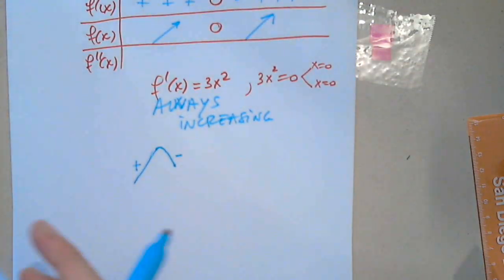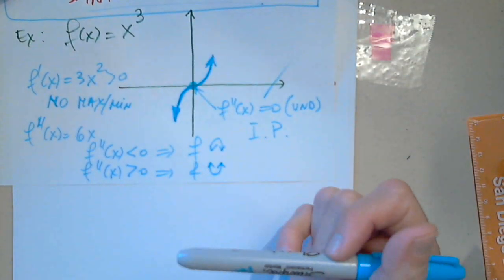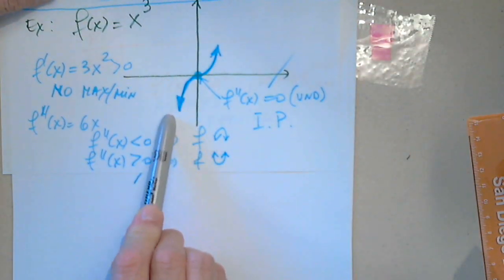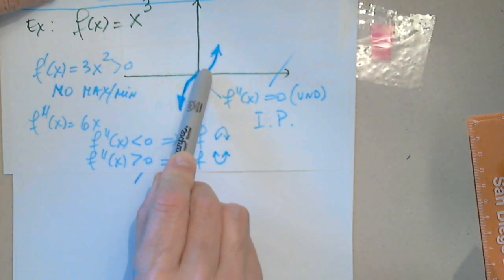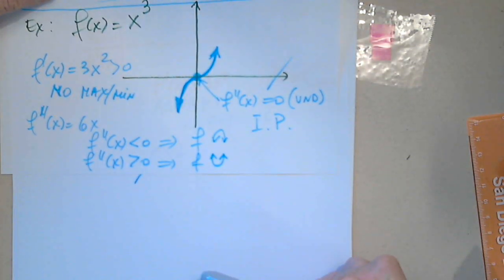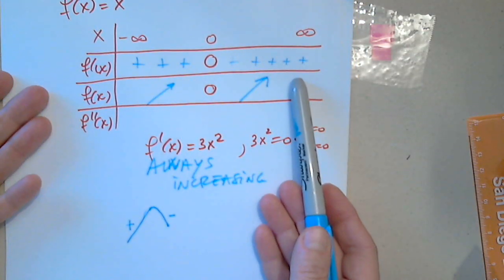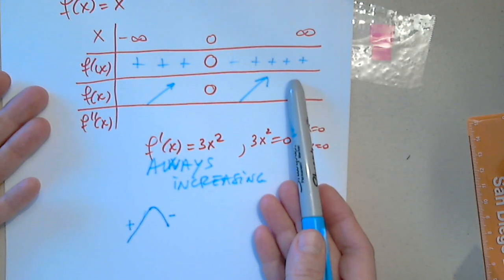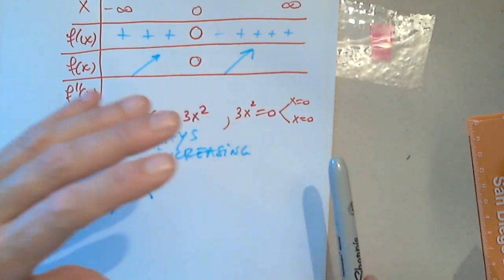And if you look at the graph, follow my marker, and tell me when the function is decreasing. The answer is never. Since it's never decreasing, it could never have a max or a min, even if it has critical numbers.